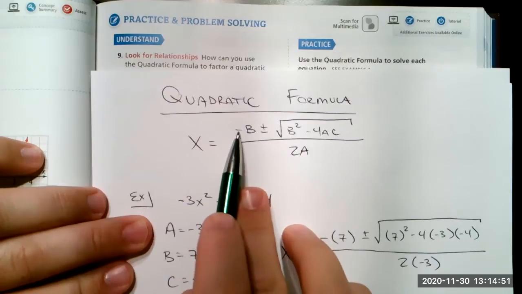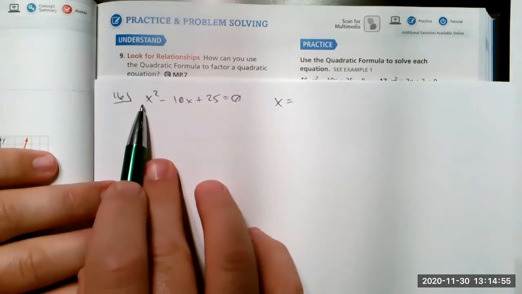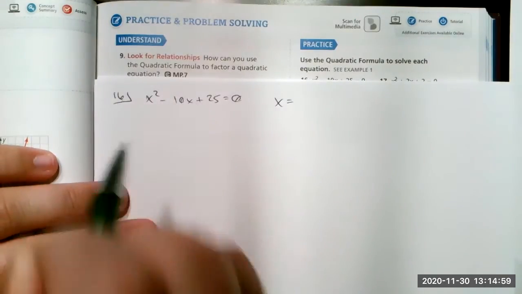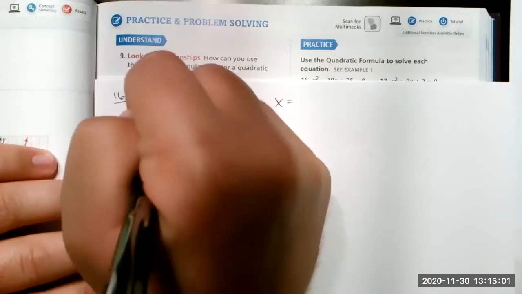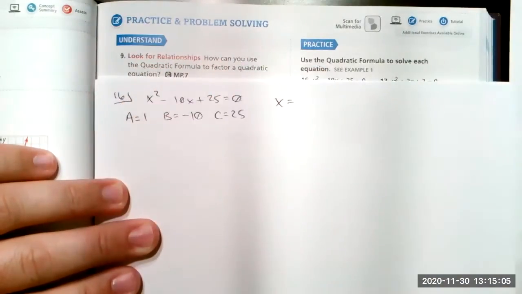Think about that as the opposite of b. So in this case, it looks like a is 1, b is negative 10, c is 25. I'll go ahead and write that. A is 1, b is negative 10, c is 25.